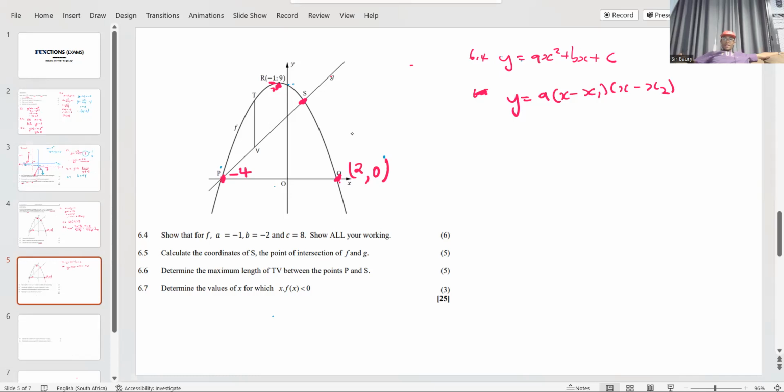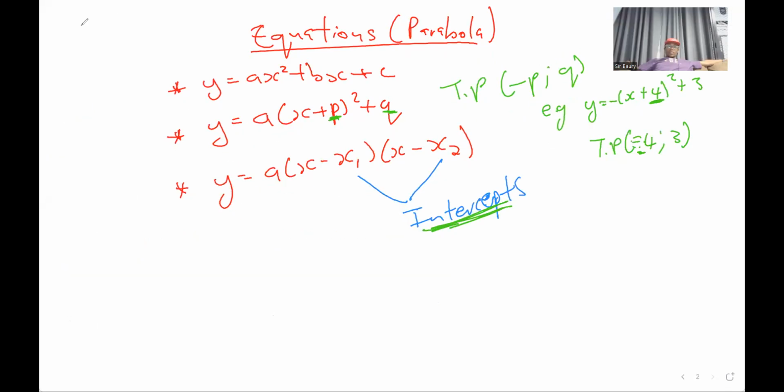Let me clarify. Here, right? This x and this x is the same. This is a point. This is a point. Can be any point, right?